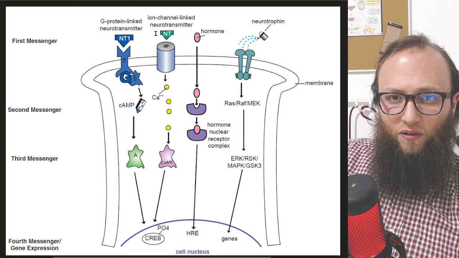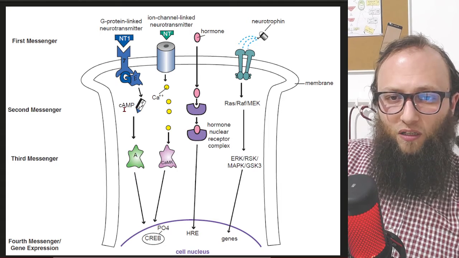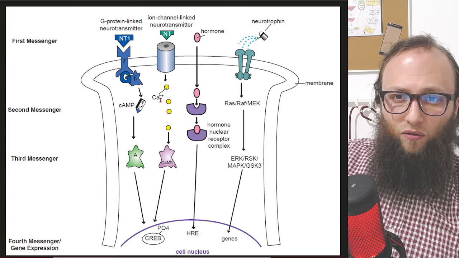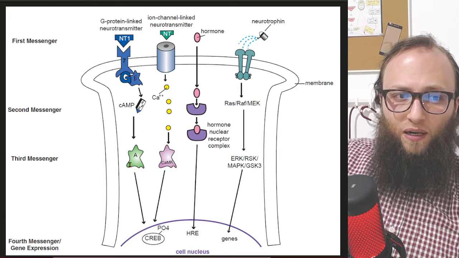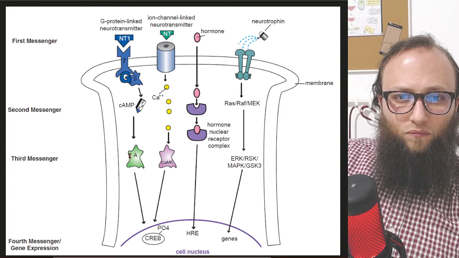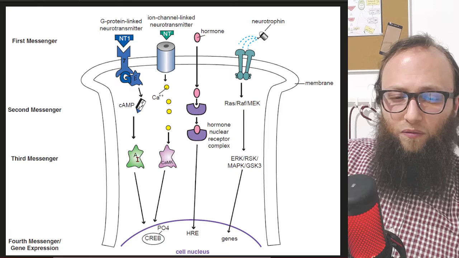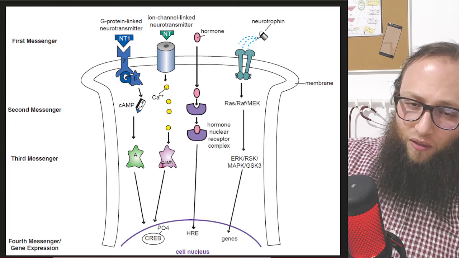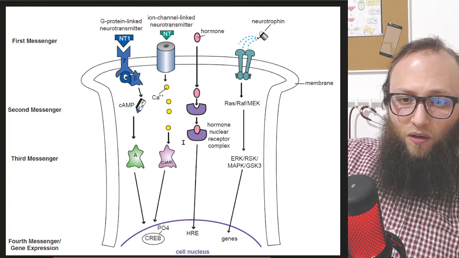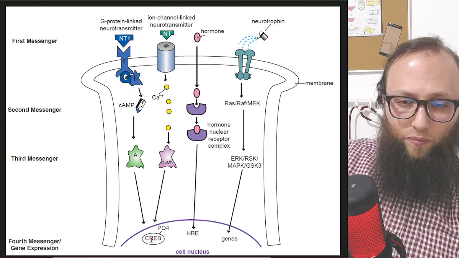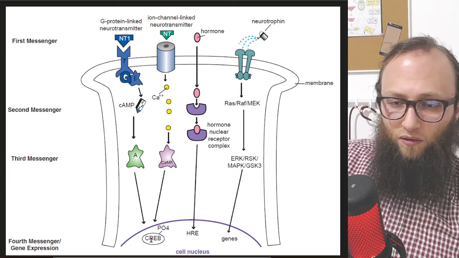So neurotransmitter is the first messenger, then the second messenger is cyclic AMP for the G protein system, and it's calcium for the ion channel linked system. Kinase A is the third messenger here, and CaMK is the third messenger here. But the activation at the end is the same, which is CREB, by phosphorylating that protein.